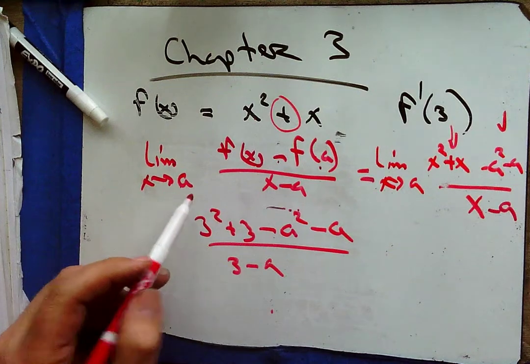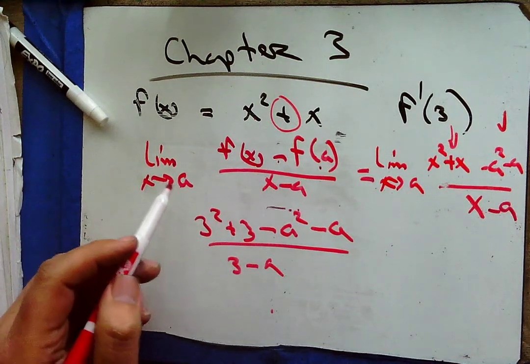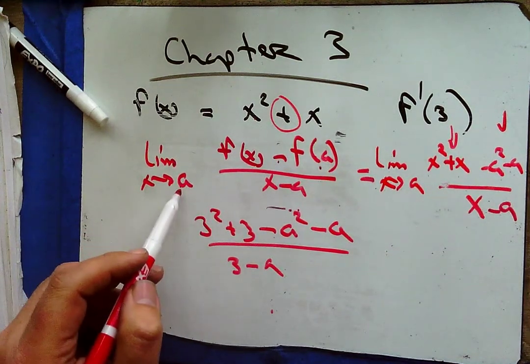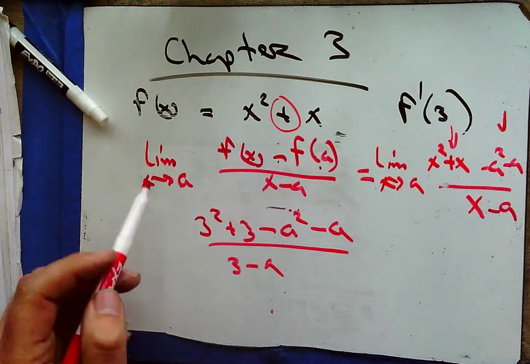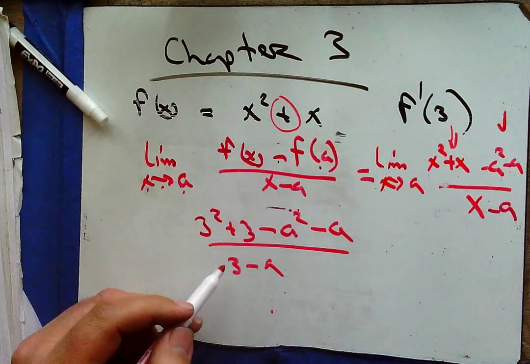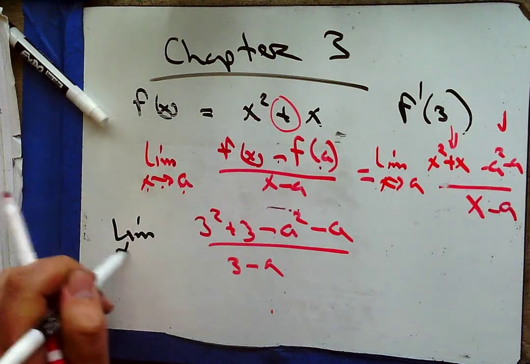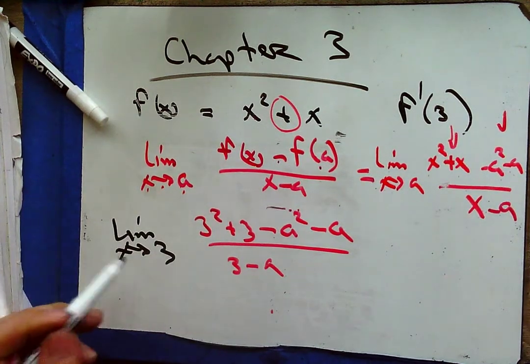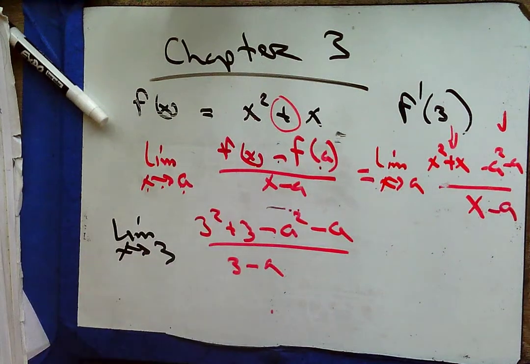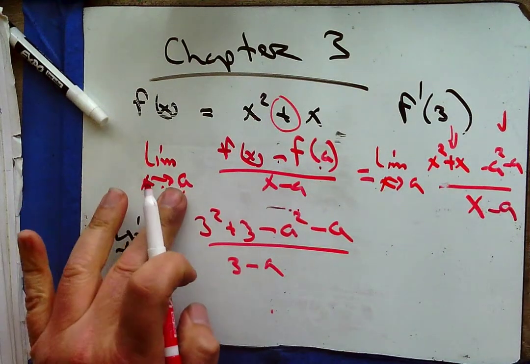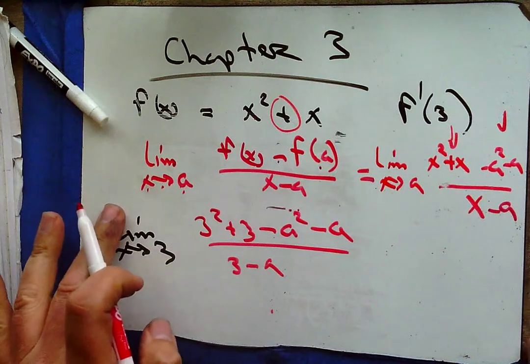If our specific x value is 3, then great. If they had put here the limit as x approaches 3, I would understand replacing the x's with 3's. But we're doing x approaches a.